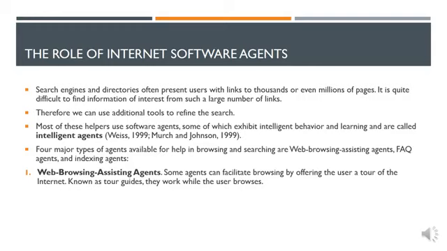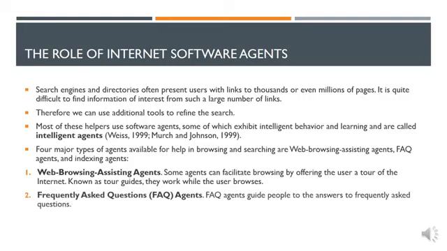Some agents can facilitate browsing by offering the user a tour of the internet. Known as tour guides, they work while the user browses. Number 2, frequently asked questions or FAQ agents. FAQ agents guide people to the answers to frequently asked questions.